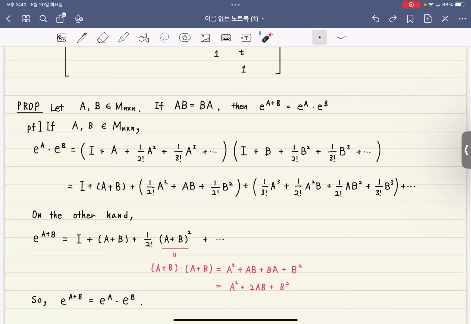Then the matrix exponential of A plus B is the matrix exponential of A times the matrix exponential of B. So in this case, the matrix exponential behaves exactly like the regular exponential function as in calculus 101.